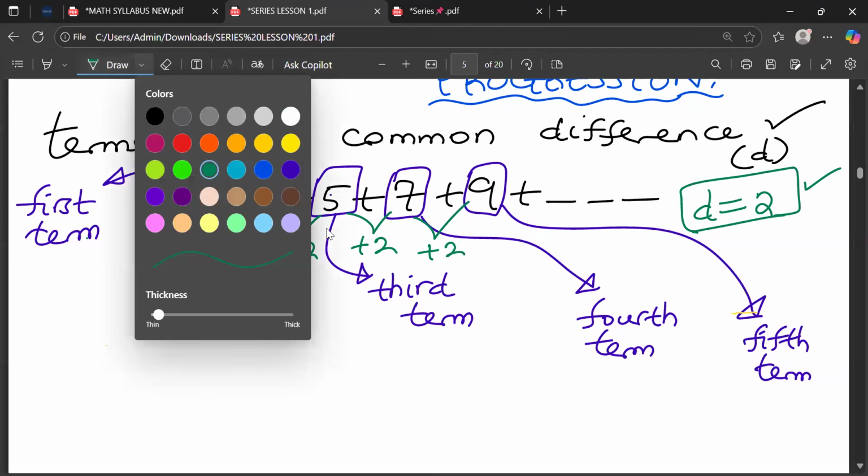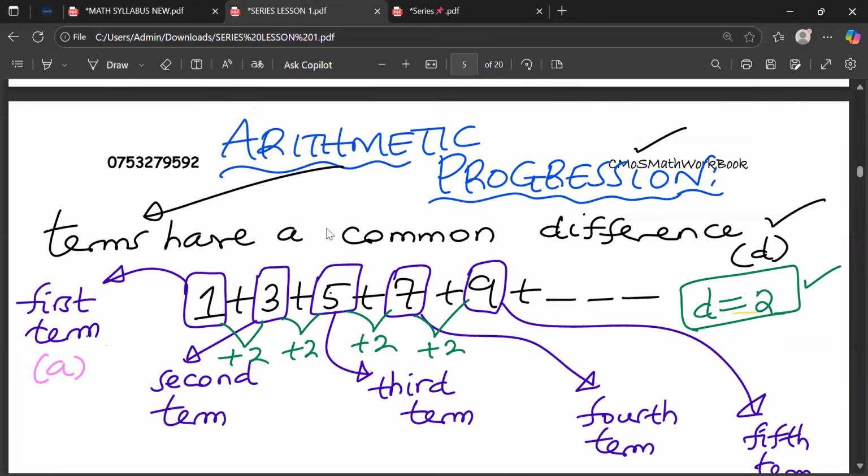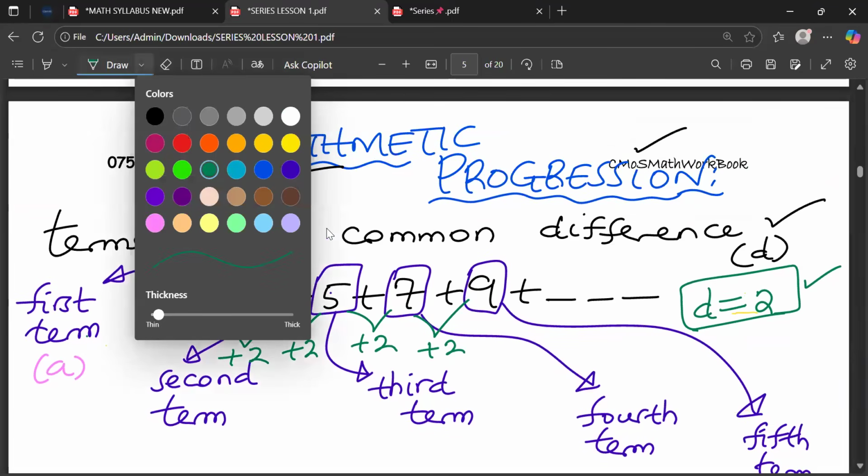I want you to learn, get this from me, that this first term is denoted with letter A. Let me just put it here so that you understand it.